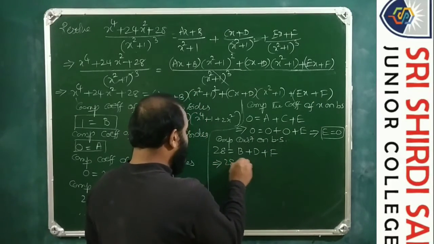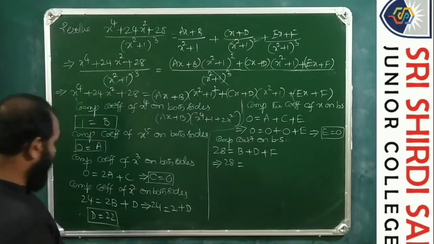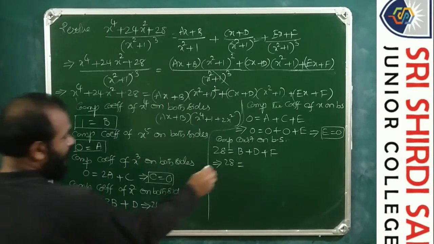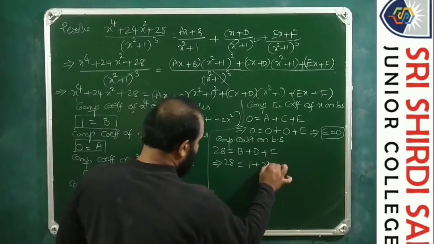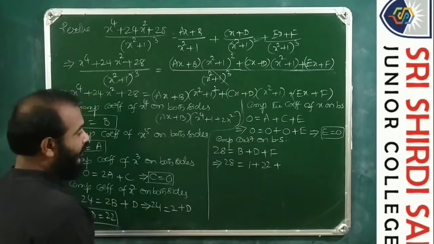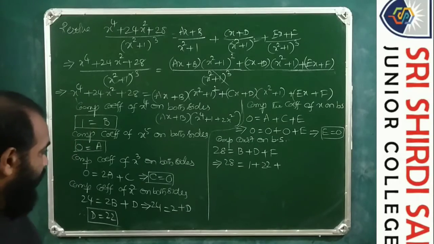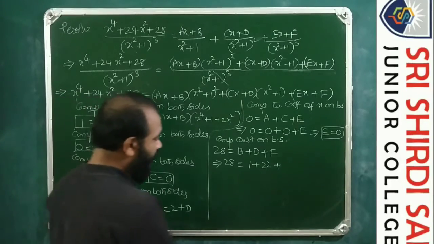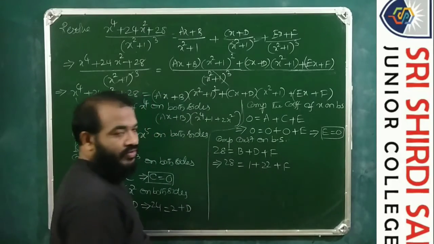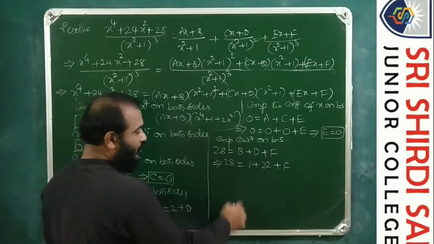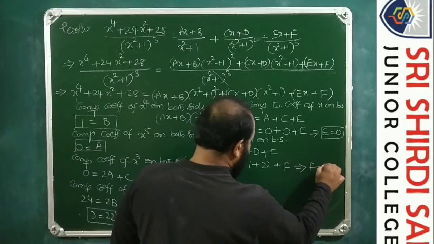So 28 is equal to the value of b is 1 plus the value of d is 22 plus the value of f, which is to be found. So 22 plus 1 is 23, 28 minus 23. So from this f is equal to 5.